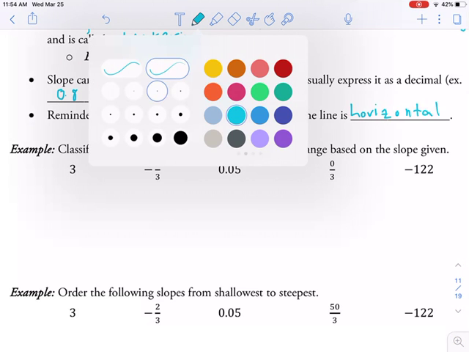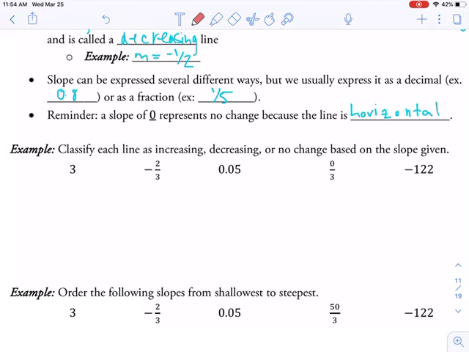Okay, so let's start here with m is equal to 3. So we can see that that's a positive number, right? Therefore, remember that those 3 dots that I just drew are the symbol for therefore, okay? And then we can say, since it's positive, this is an increasing line, okay?